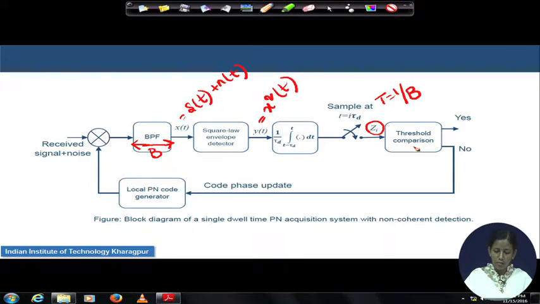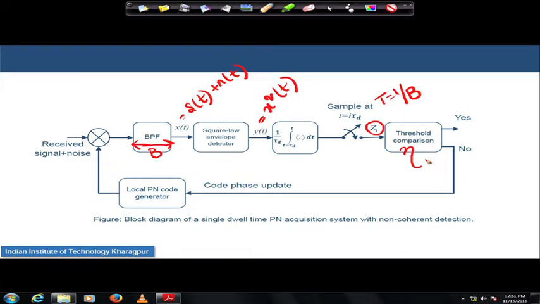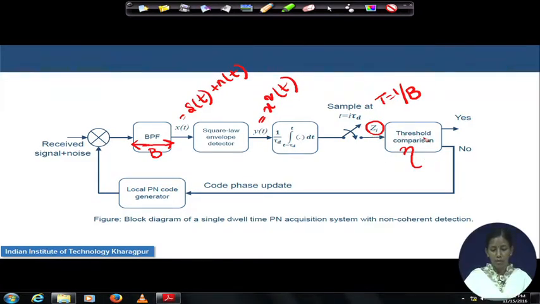So, let us assume that inside the threshold comparator there is a verification algorithm running, where there is a threshold marked as eta. The algorithm will try to understand how many times the incoming signal, this PDF, is crossing the threshold.